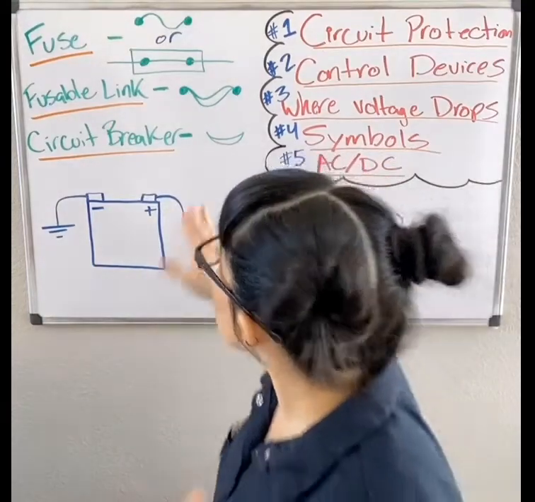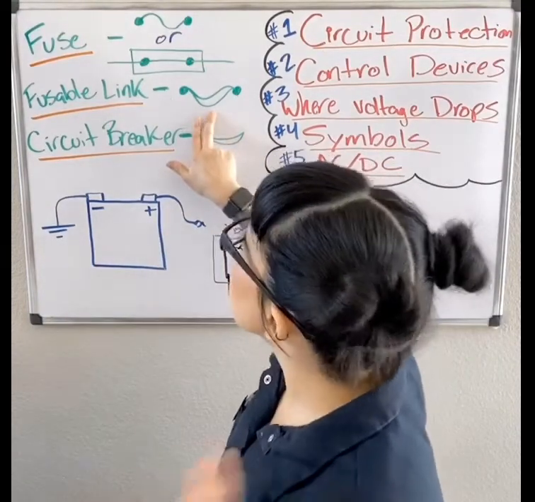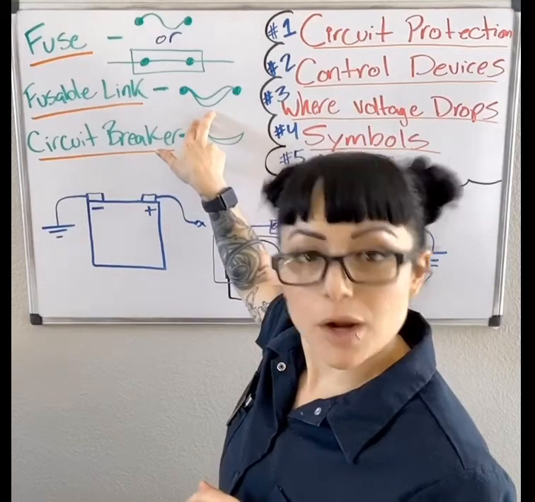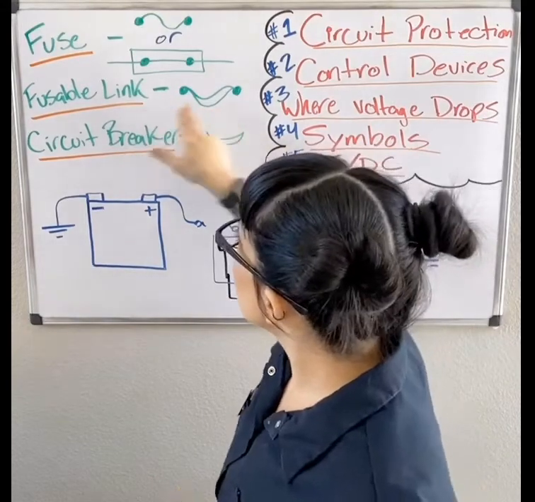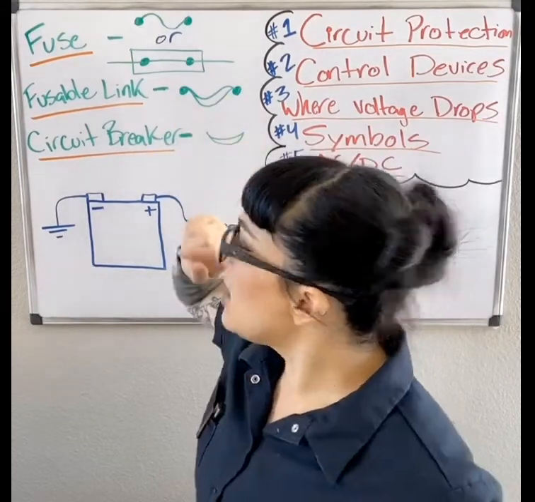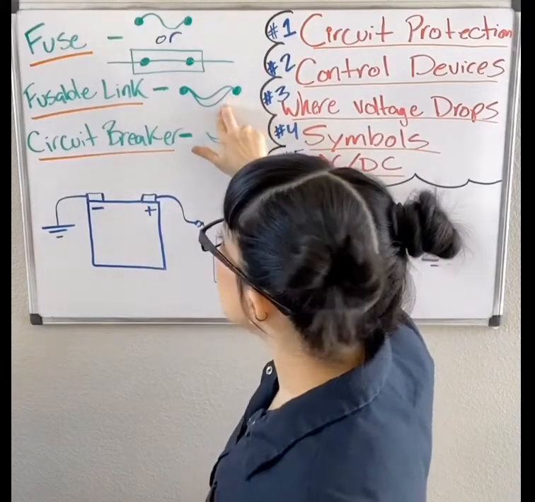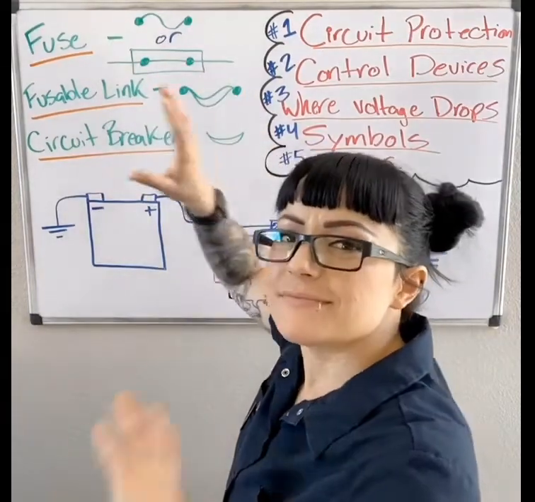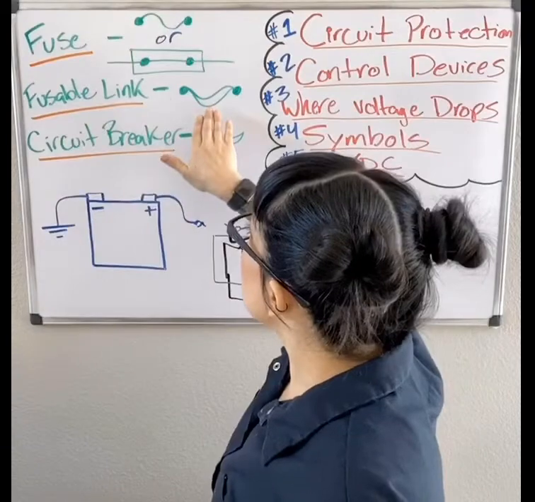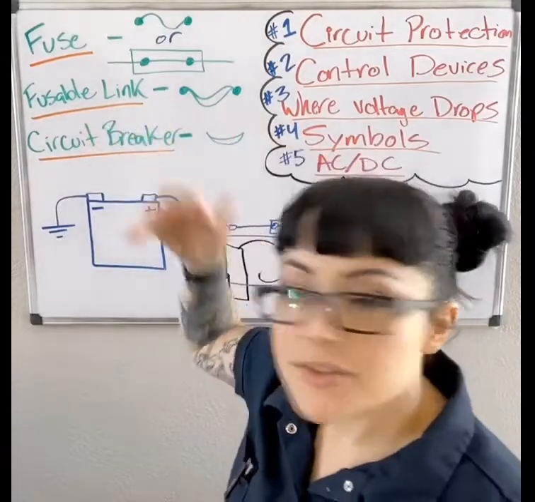The symbol is similar to a fuse, but more like a wiggly worm. And that is your fusible link symbol. I've seen fusible link symbols differ in different OEMs. Again, this is a common one that is used.